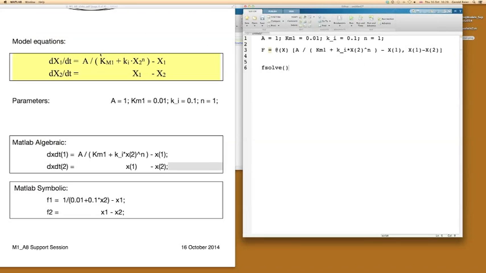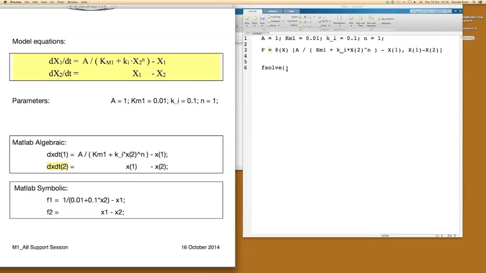So what we are now assuming is that in our model, all our derivatives, namely the first derivative and the second derivative, are equal to 0. And then, if we solve for the two concentrations of x, this will be the steady state concentration, namely the concentration when there's no more change in the system.